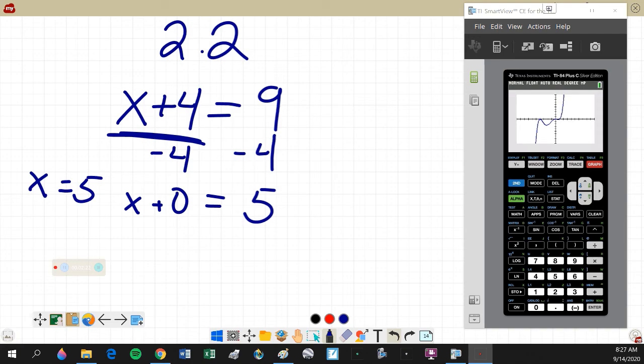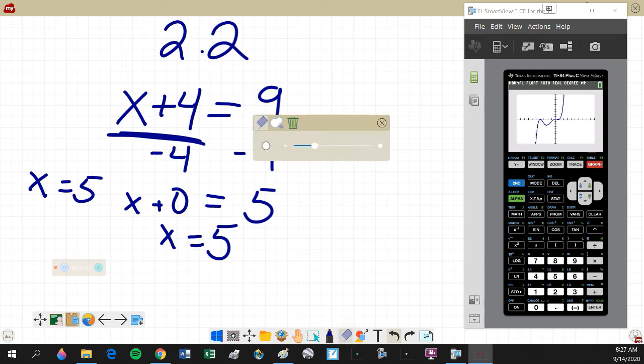So my original balance was altered when I took 4 away. Then it went like this. And now I took 4 away on the other side, and now it's balanced once again. And x plus 0 is just x. So x equals 5. So algebra is all about maintaining that equality, maintaining that balance. You can do anything you want as long as you do the same thing on both sides.